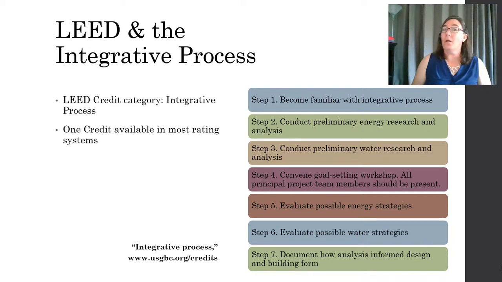So for all LEED projects who are aiming for this credit, which by the way, most of them do because it's an easy one to get, you need to have this initial design meeting and set your sustainability goals. Next, once you have those goals and you have your basic research, you're going to evaluate some different energy and water strategies. And finally, there's a documentation piece for this credit.